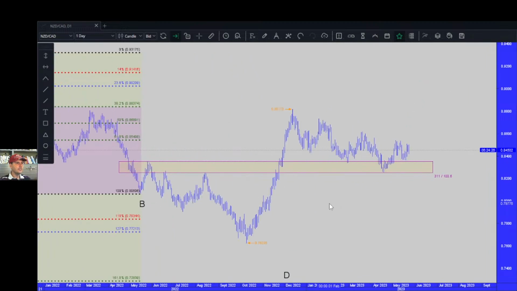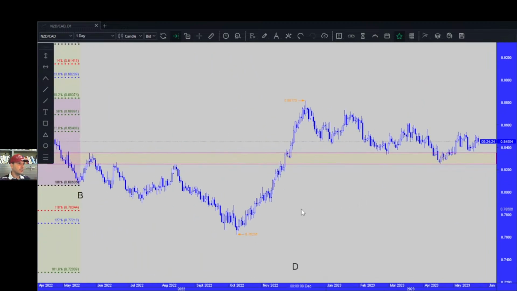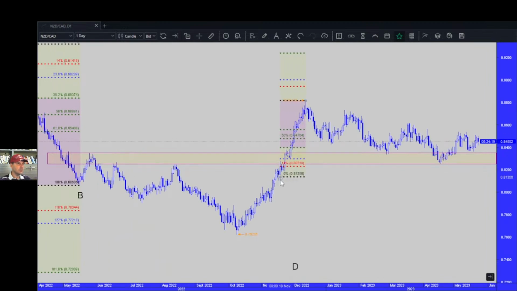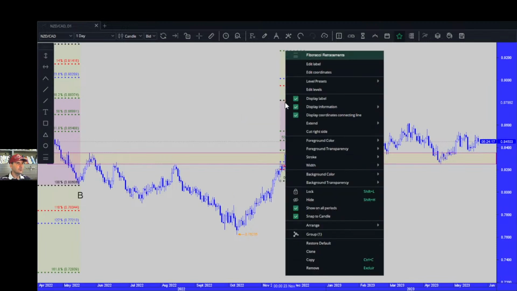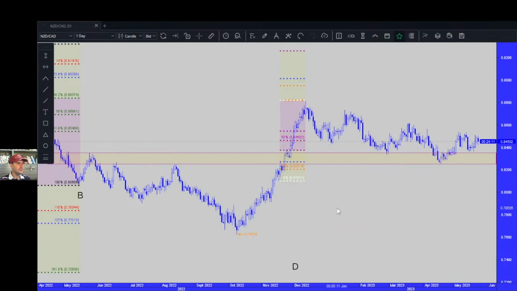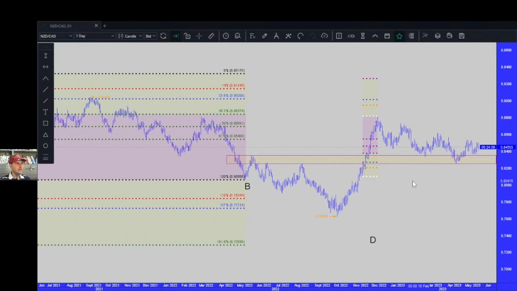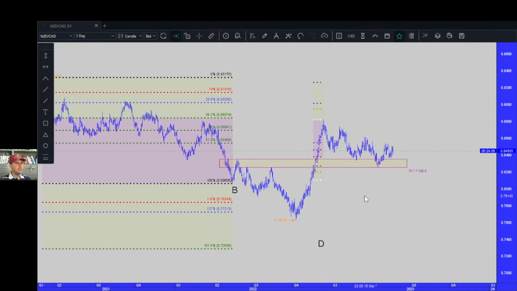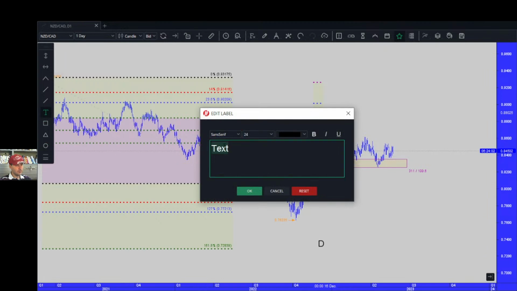Now question, everybody, question. This was the C, this was the A, right? Contrarian Fibonacci, A, B, C, D. Who can explain to me if the C is not confirmed from the daily?